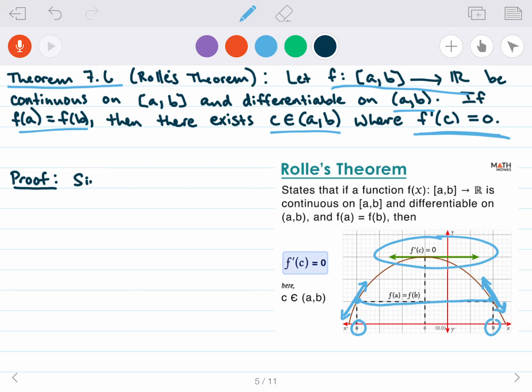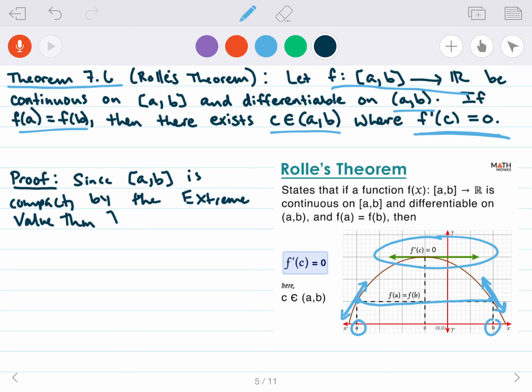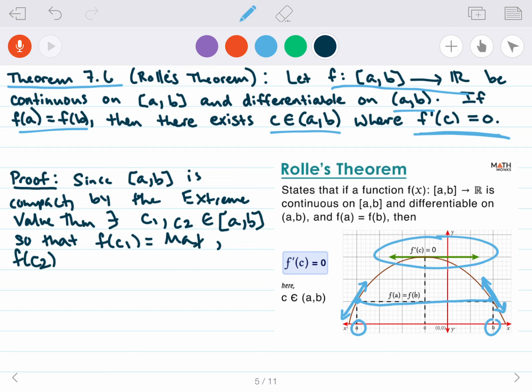Okay, so since our interval A to B is compact, by the extreme value theorem, there's some C1 and C2 in our interval, so that f of C1 is equal to the max, and f of C2 is equal to the min.